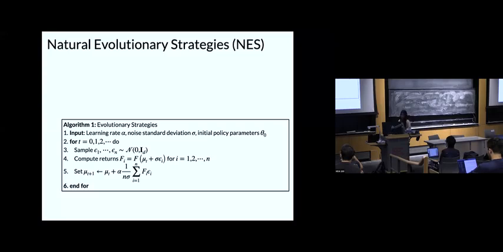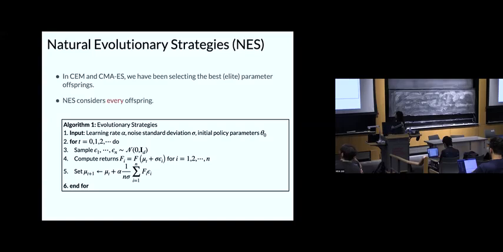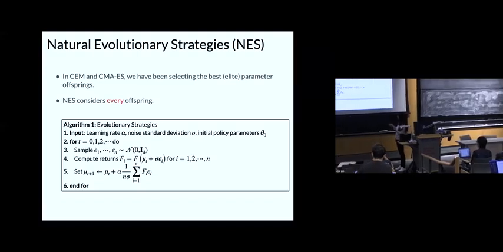Now let's see. Is this enough? By the way, we haven't done anything intelligent so far. The trick has not been introduced. This is just the obvious evolutionary search for, let's say, policy parameters. In natural evolutionary strategies, all of the offspring participate. Each one contributes based on its fitness.